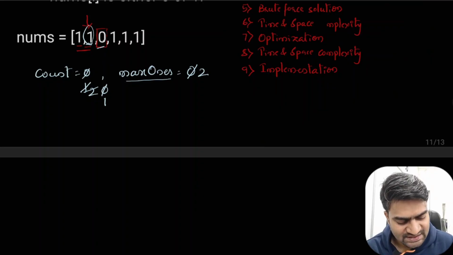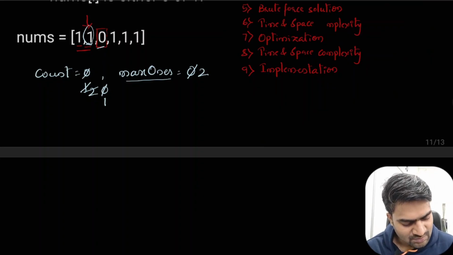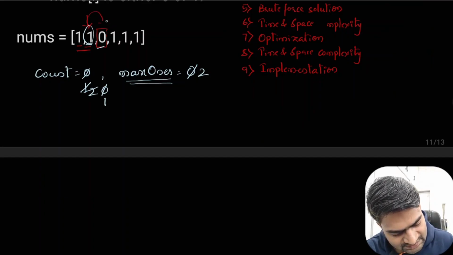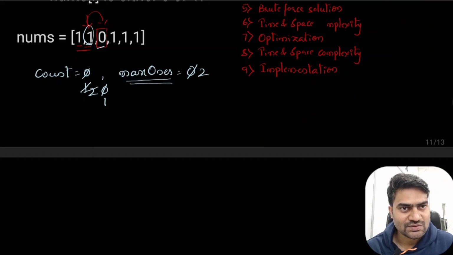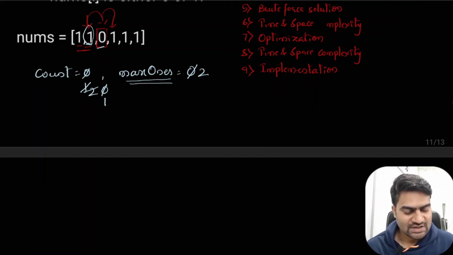Since it is 0, I stop here and try to update my max ones. Max ones is already 2, my count is 1, so it won't get updated. Next I move to the next number, but it is 0, so we don't need to do anything. When it is 0, you just skip it. Then I move to the next number and stop here since it is 1.